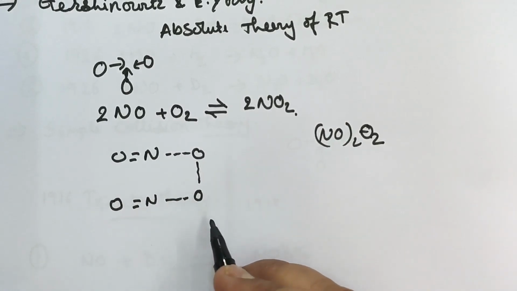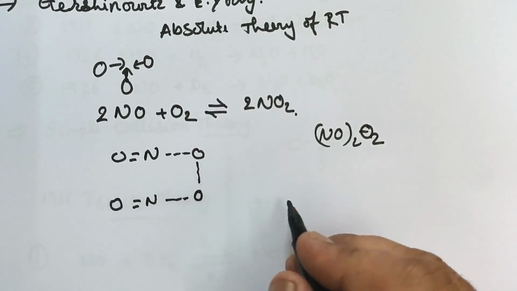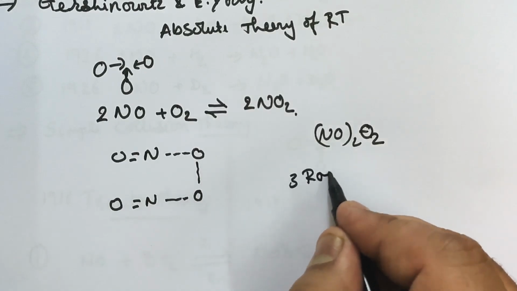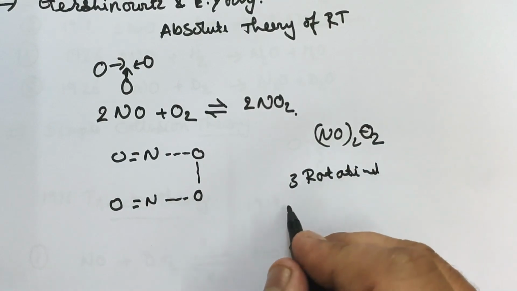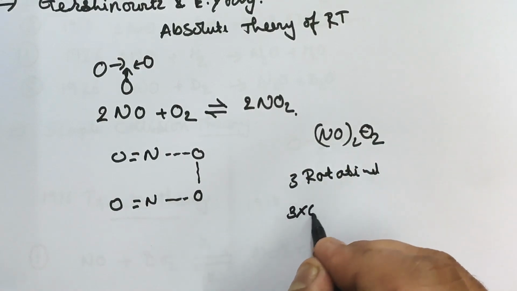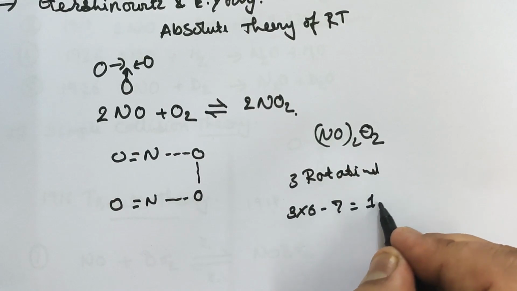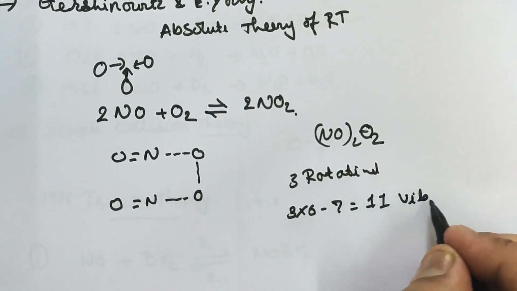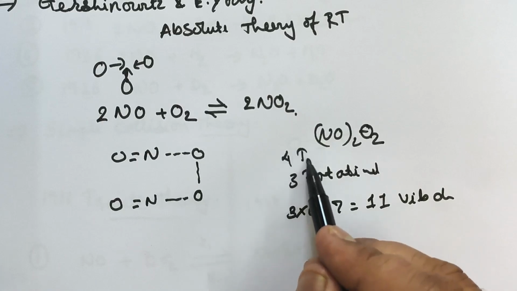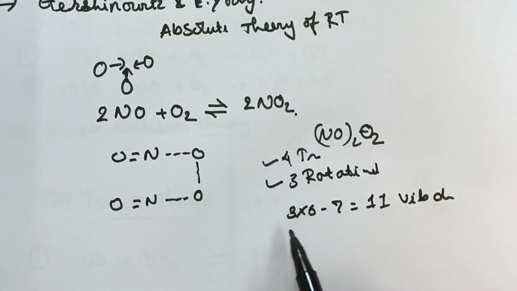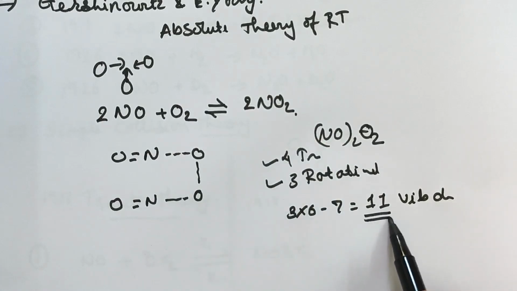Again, in this structure there are 3 rotational degrees of freedom, as well as 3 into 6 minus 7, so there are a total of 11 vibrational degrees of freedom. So there were a total of 4 translational degrees of freedom, 3 rotational degrees of freedom, and also 11 vibrational degrees of freedom.